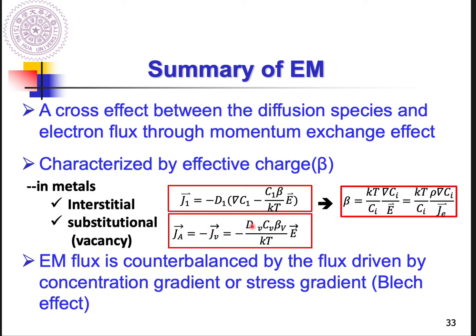So it will be the mobility, concentration, and driving force. And also the EM flux is counterbalanced by the flux driven by concentration gradient or stress gradient. The stress gradient part will be the back-stress effect we just talked about, right?